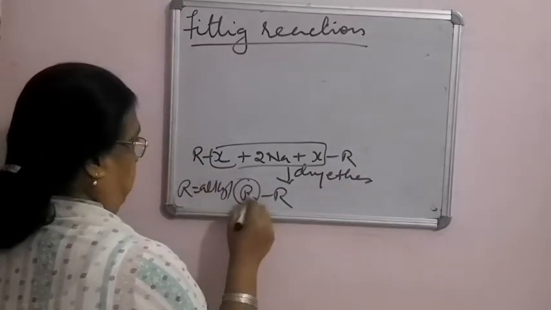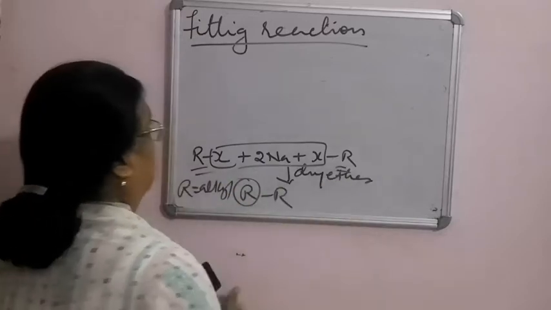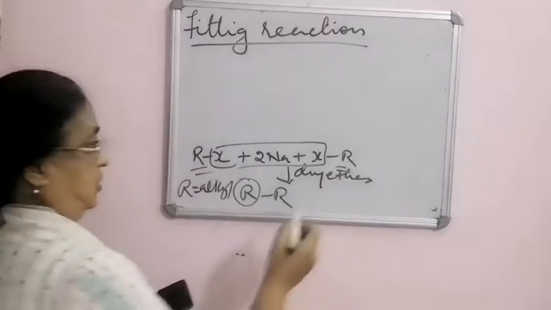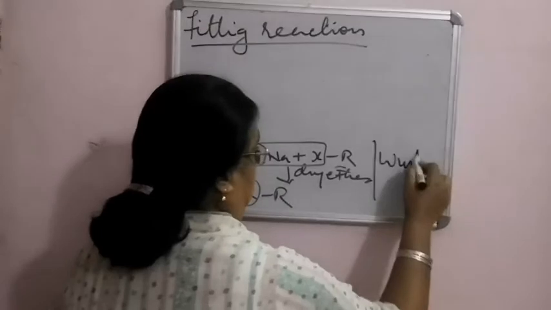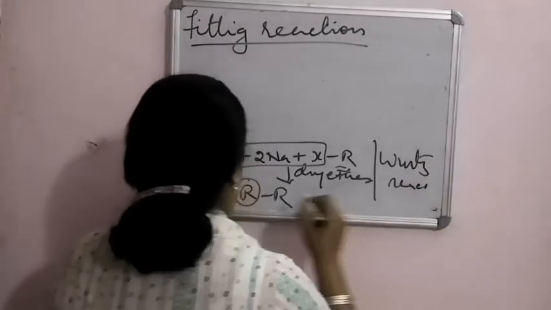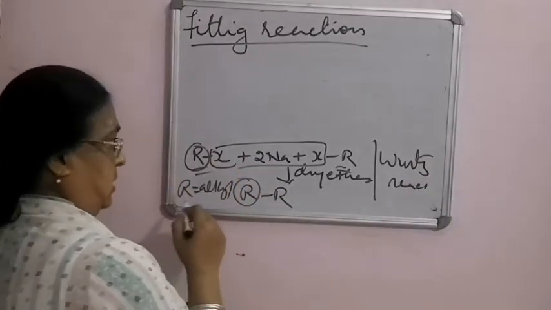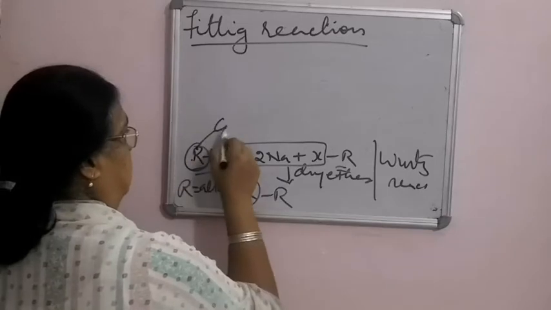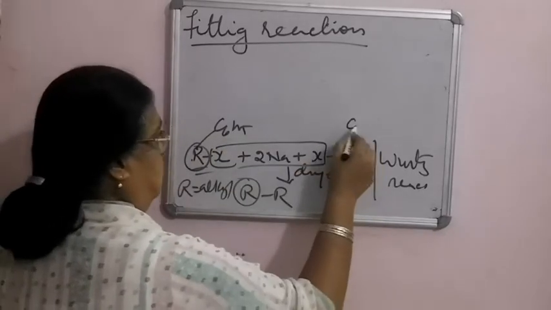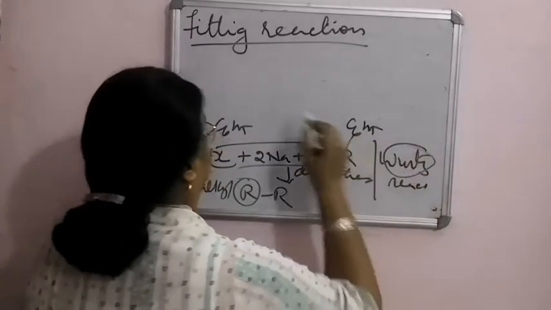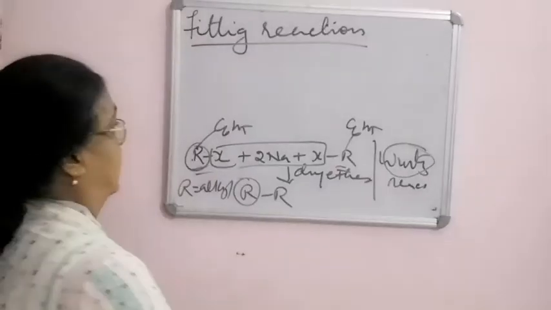When both groups are alkyl groups, it is a Wurtz reaction. And if this R is an aryl group, if this R is C6H5, then it is not a Wurtz reaction, it is a Fittig reaction.